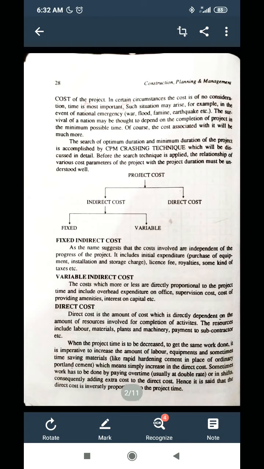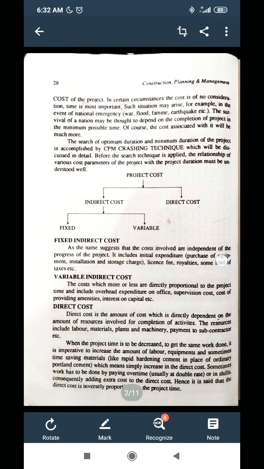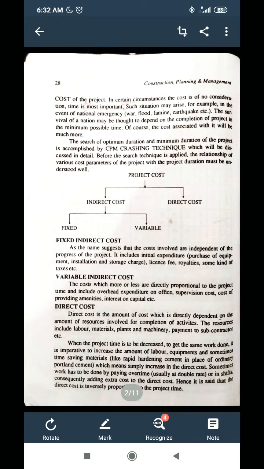If we want a particular activity or project to be completed in less than the normal time, then we need to put in more labor and more materials, like special materials such as rapid hardening cement, and special types of machinery. This will increase the cost. So the direct cost depends on resources and is inversely proportional to the amount of time involved.